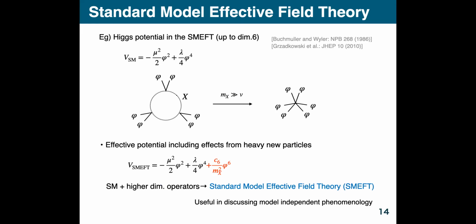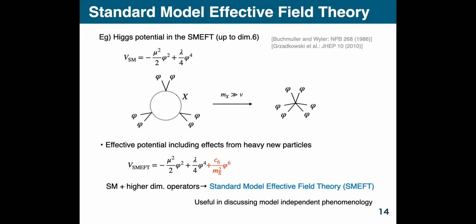So let's consider the Higgs potential in the SMEFT, up to the dimension 6 operator. In the standard model, the Higgs potential only has two terms, like this. Then let's consider a new particle which interacts with the Higgs boson, and we can consider such a diagram, for example.